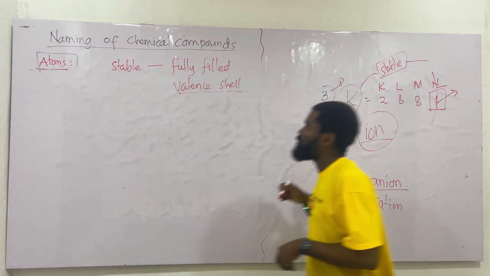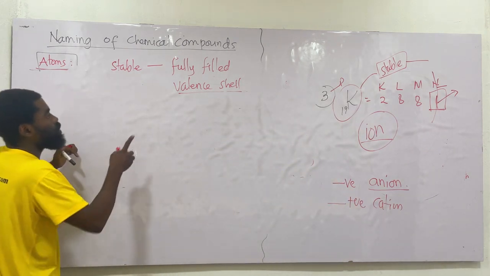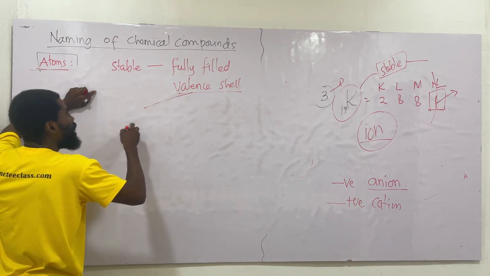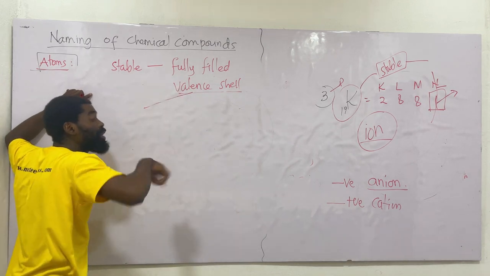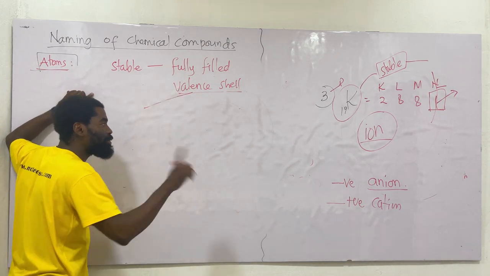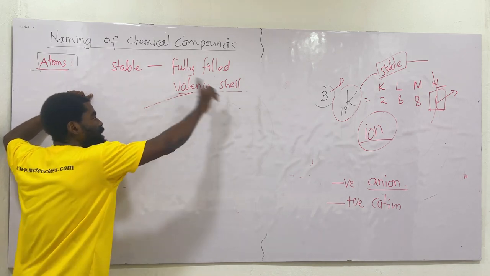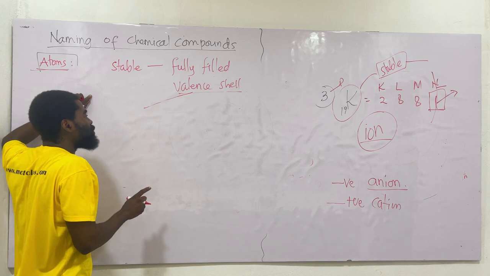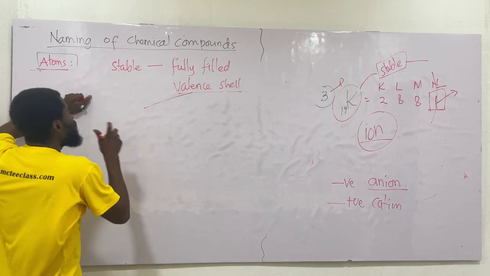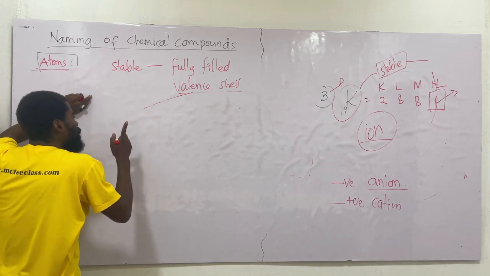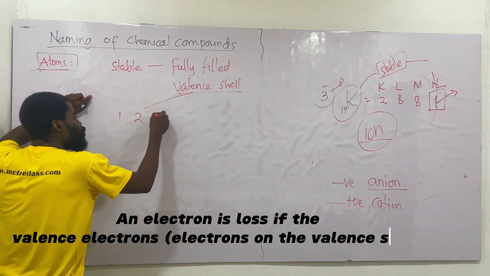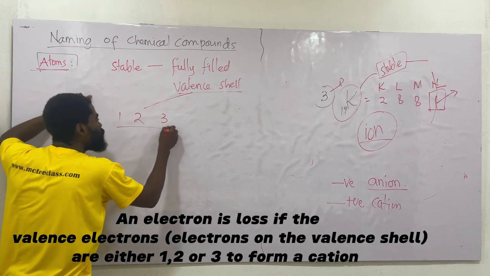Good. So let's go. The last shell is the valence shell, and the electron on the last shell is the valence electron. I want to use that to explain something. If your valence electron is 1, 2, or 3, then you are to give out.